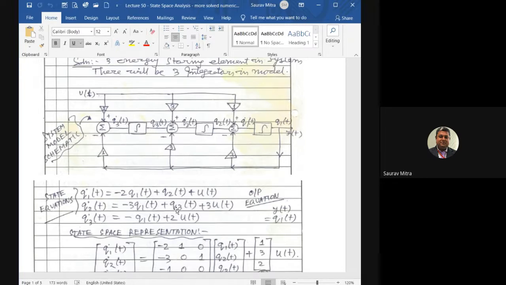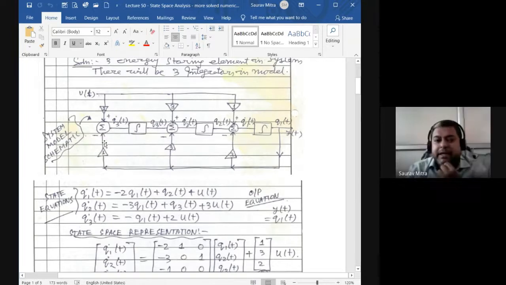That's why I always prefer that you draw the schematic. It takes some time, about 3 minutes to draw the schematic, which is actually very easy. Then very easily you can find the q3 dot, q2 dot and q1 dot equations.